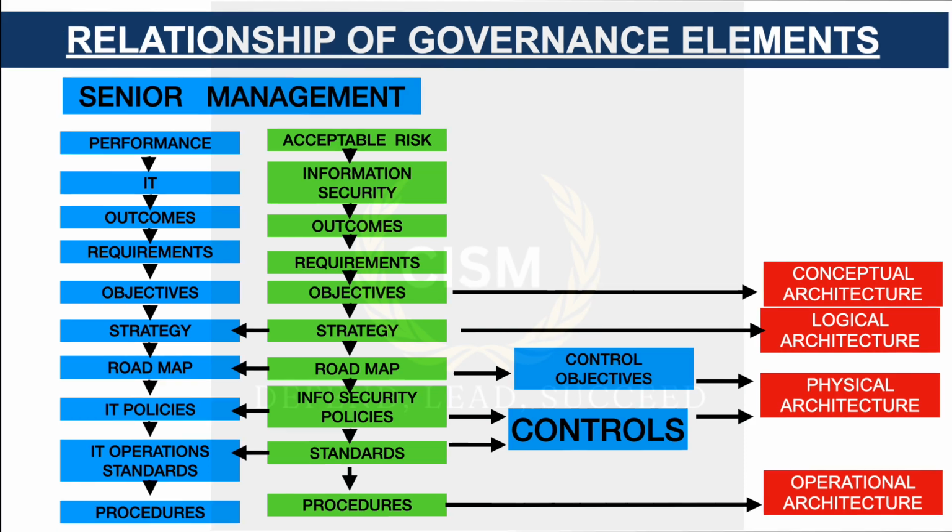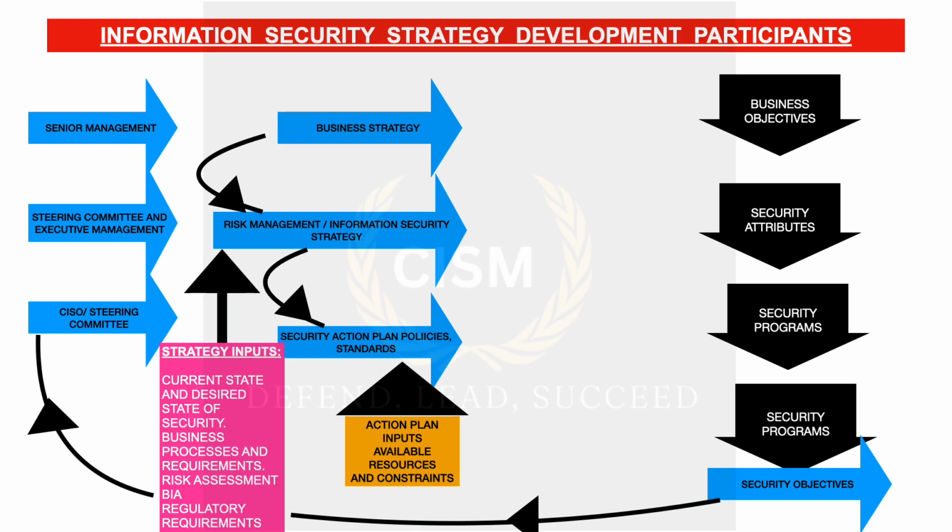right. Moving next, we'll discuss the information security strategy development participants. Friends, this image illustrates the participants involved in developing a security strategy, their relationship, and how they align with the business objectives. Let's simplify it, okay.